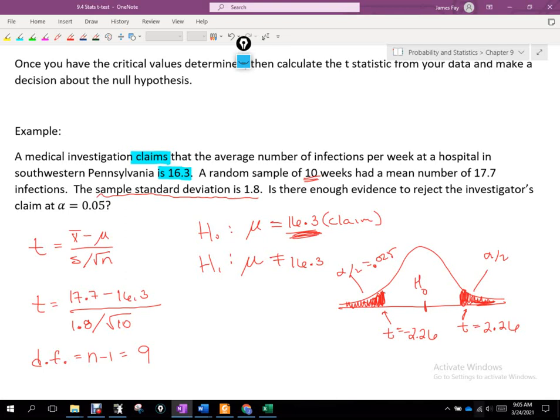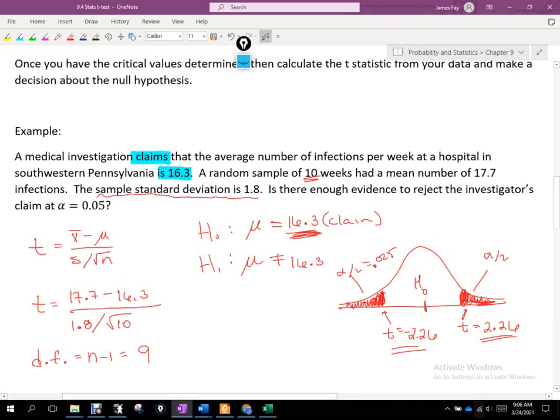The thing we're going to do now is take the t statistic, that is 17.7 minus 16.3 divided by 1.8 over root 10, and see where it falls in comparison to those two numbers. If it falls to the left or right of those two numbers, we would reject, because it'd be in the critical regions. If it falls between those two numbers, we would fail to reject.